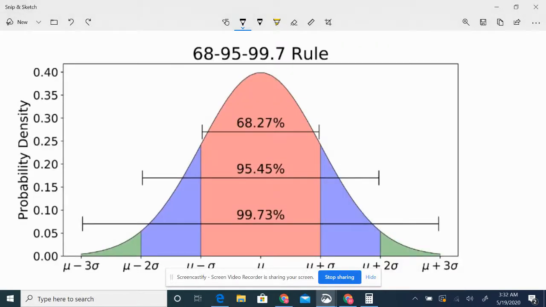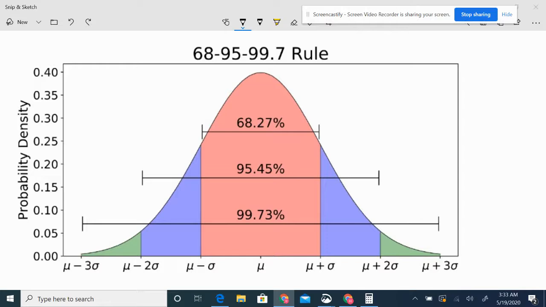I want to talk about the 68, 95, 99.7 rule. What this rule says is the average is going to be in the center. You see there's my mu. Notice how I have a mu plus sigma, right here, and a mu minus sigma. That gives me that pink area.